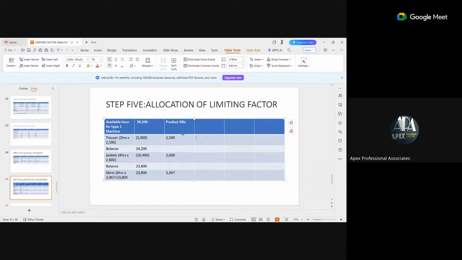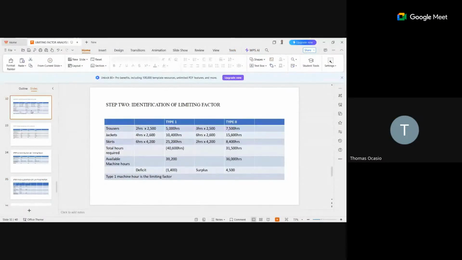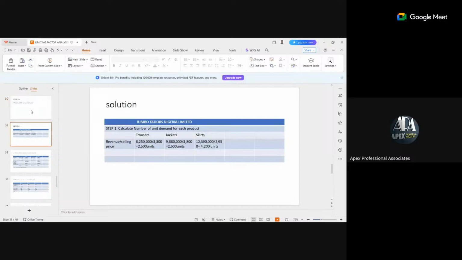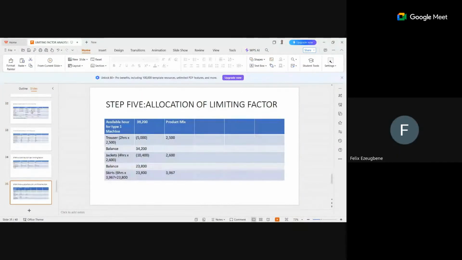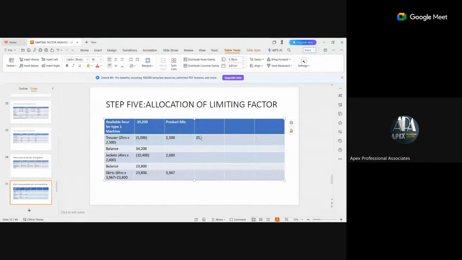What is the contribution for trouser? 1,000. This 2,500 multiplied by 1,000 will give you the total contribution.